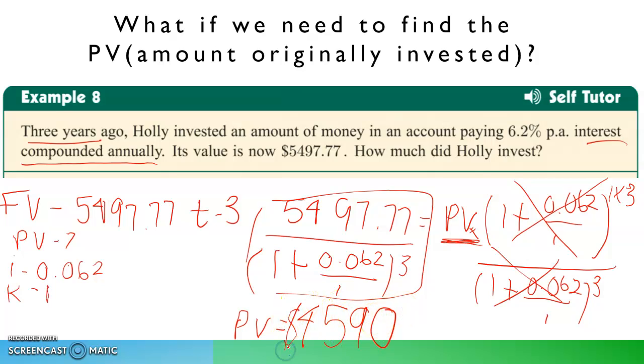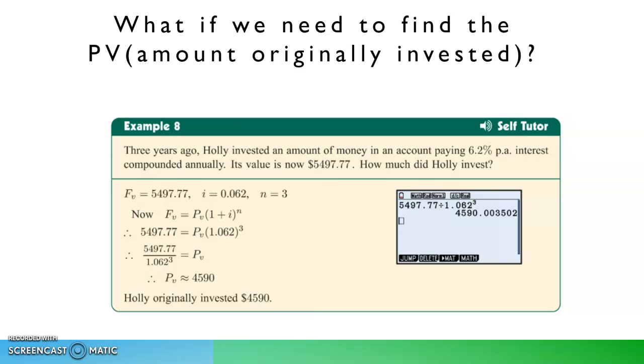If you wanted to work backwards and substitute this present value into the compound interest formula, you may, and you would see that by the end, the final value would be $5,497.77. I hope that makes sense to you guys. Please ask questions if it doesn't.